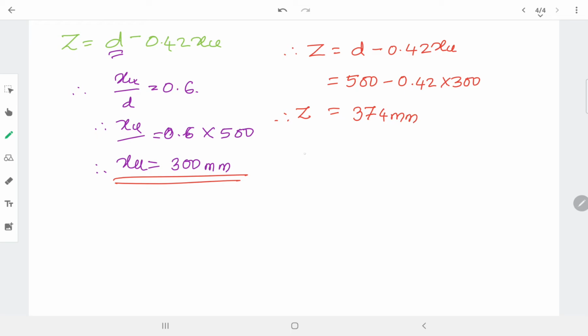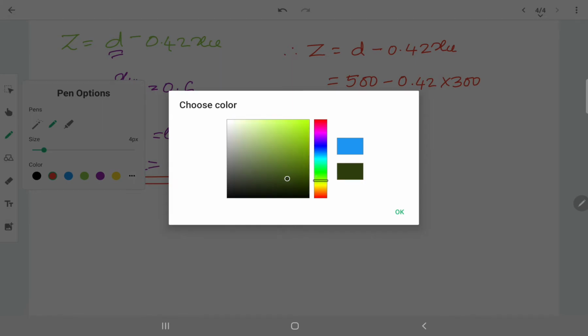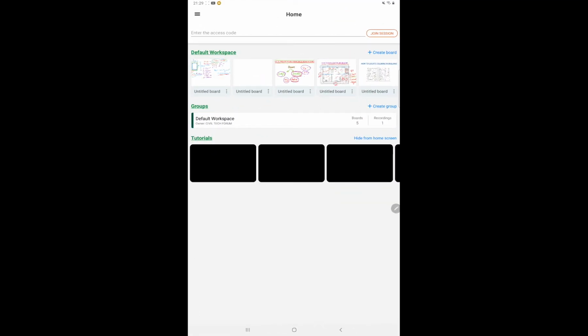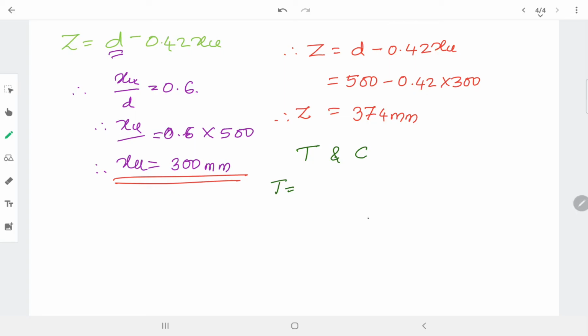Apart from this, we need to calculate the values of T and C, tension and compression. T is equal to 0.87 Fy AST.